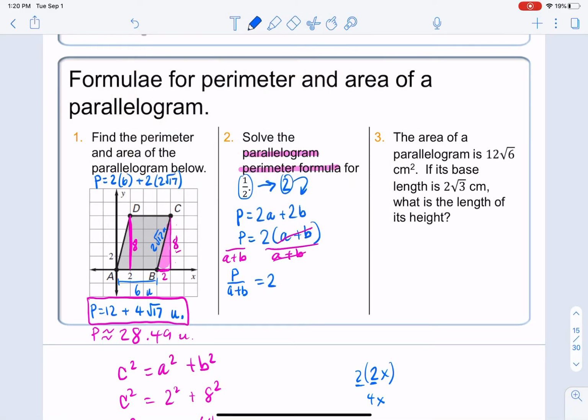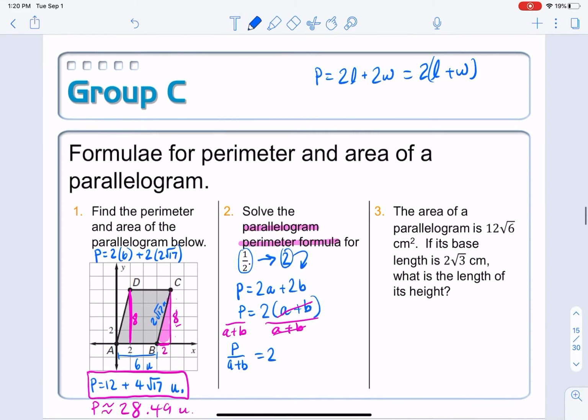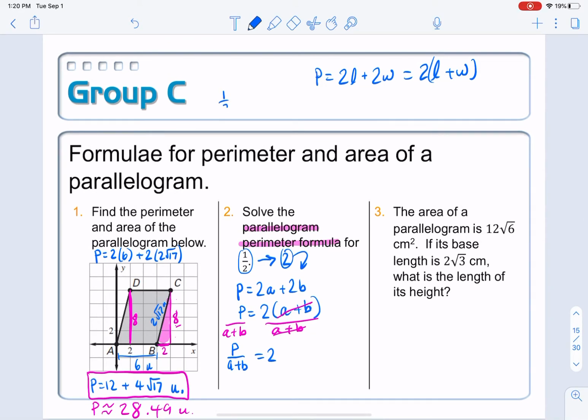Okay. Now, I'm going to show you a little trick here, and it goes like this. Let's say, for example, I have the fraction 1/2. Let me think of another fraction that's equal to a half. How about 5 over 10? That would reduce down to 1/2.